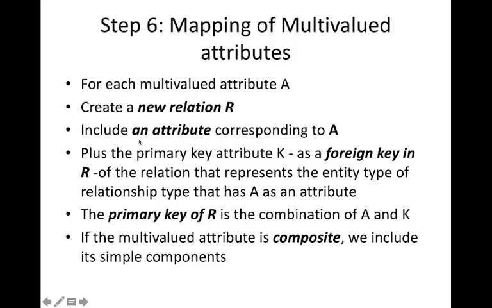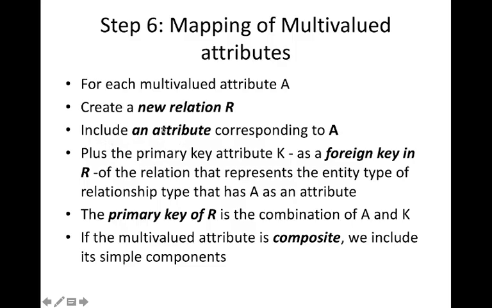A new relation will be formed, and department number is the primary key and the foreign key, and department location is the multi-valued attribute. Together they will form the primary key of this table. So this combination will form the primary key of this table. That is what we have written.